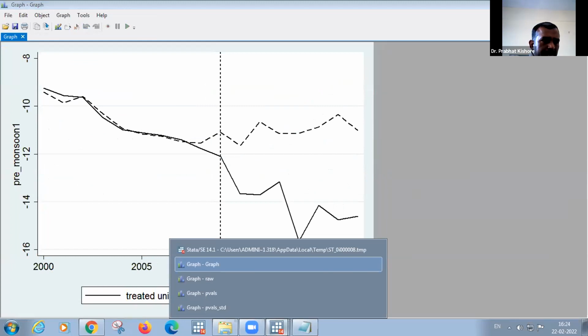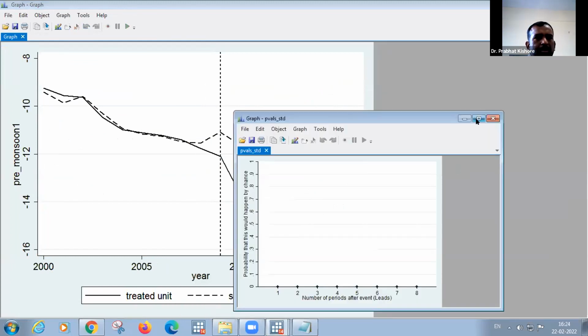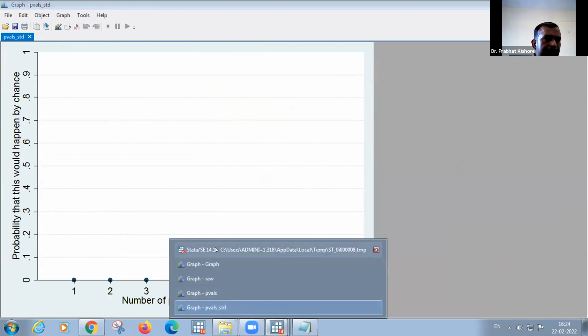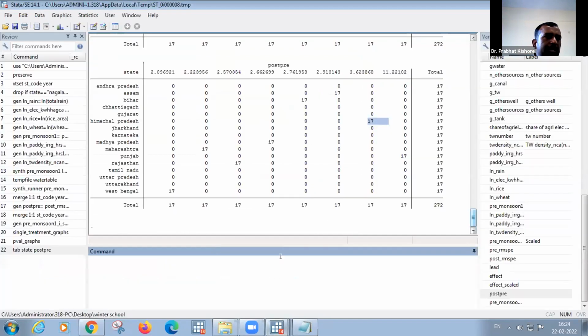For the placebo, it has also estimated the effect, probably that this happened by chance, and we see here that it is anchored on the zero value, which bolsters our result that there has been some effect, whereas in the earlier paper of FPLC there was no effect.